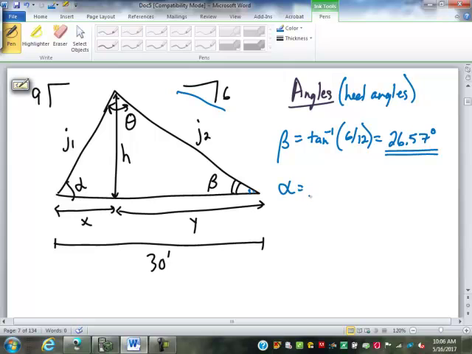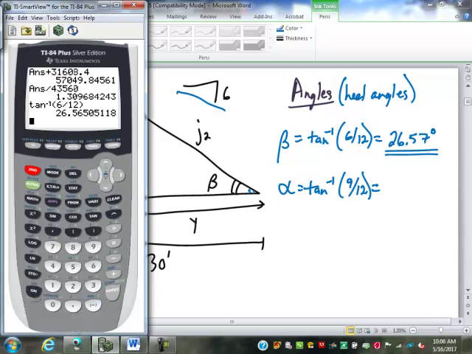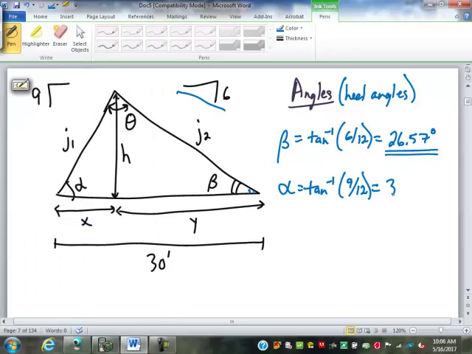How would I find angle alpha? Inverse tangent of 9/12. What's that one going to give us? What'd you get? 36.87. You are correct, sir.